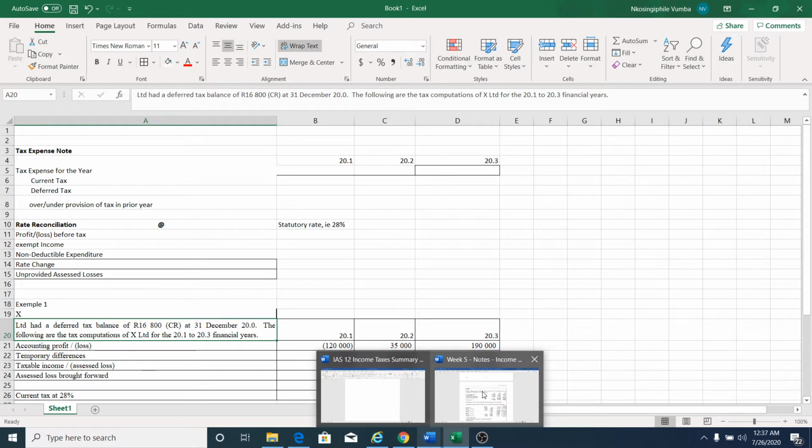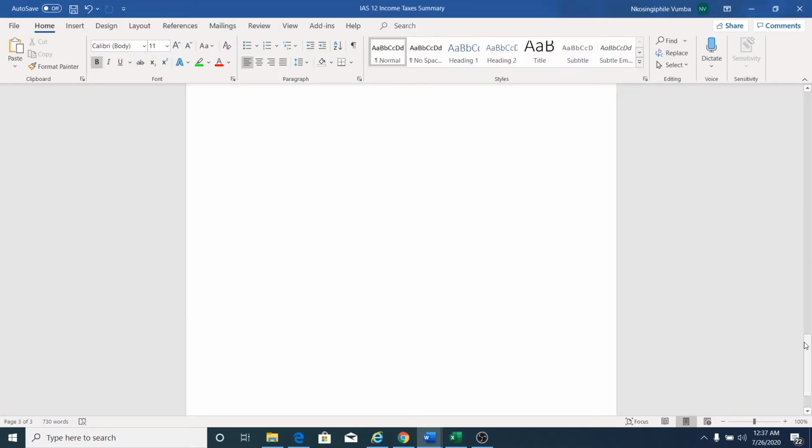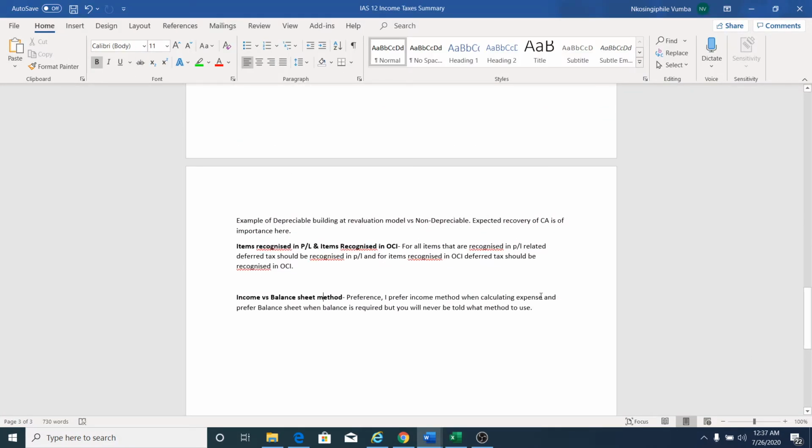Here's what is happening. Our statement of profit and loss and comprehensive income is divided into two. We have items in P&L and then we have items in OCI, that upper part and the bottom part of the income statement.